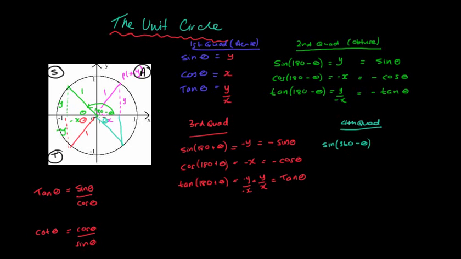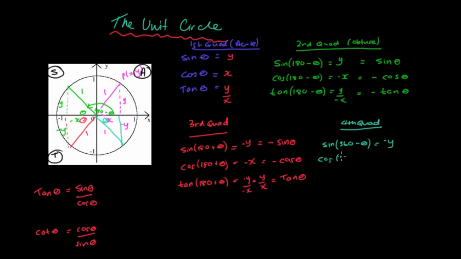In this case, it's gone across positive x, like we had at the beginning, and then we've gone down minus y this time, and my radius is still 1. So let's have a look. If I find sine of 360 minus theta, sine is minus y over 1, which is just minus y.